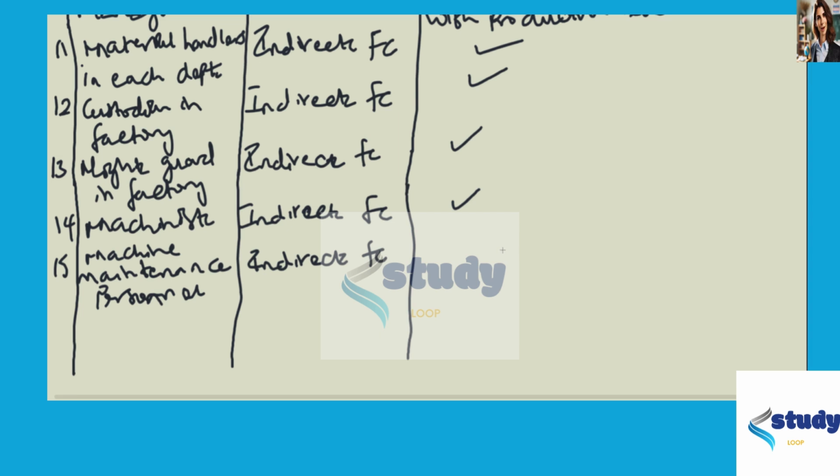It doesn't directly involve production and doesn't vary with production level. The 16th one is the maintenance supplies for the factory.